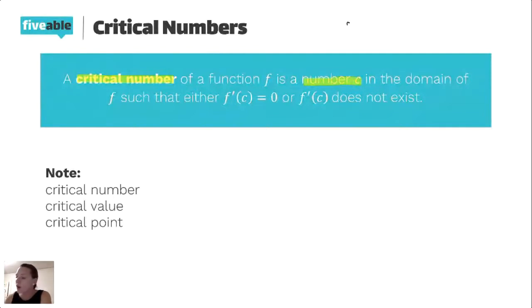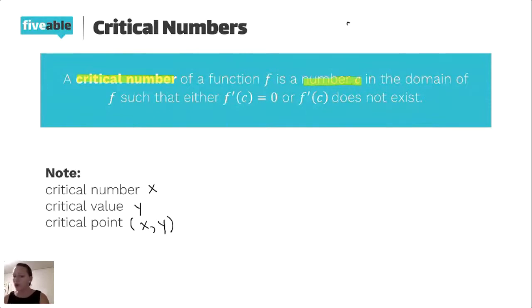While the critical number is your x, a critical value would be the y value that's associated with that. And then, of course, the critical point is going to be your x and your y. Now, keep in mind, if you want to find a y value, you simply plug the x back into the original function. So just be aware of those little nuances in terms of what it's asking you for, and just pay attention to the verbiage in the problems.